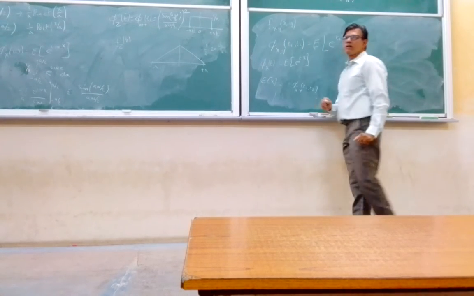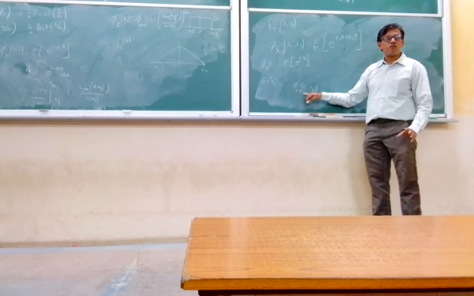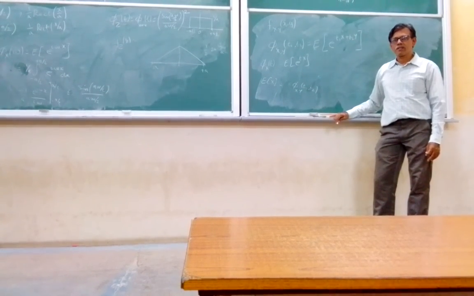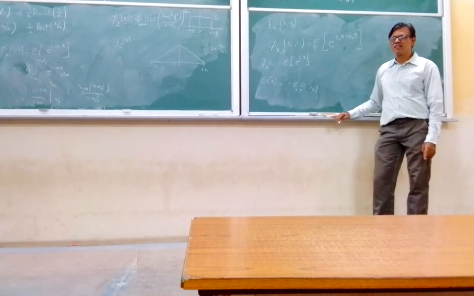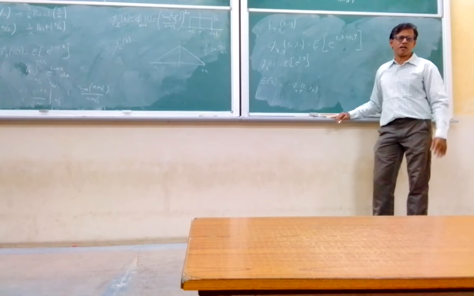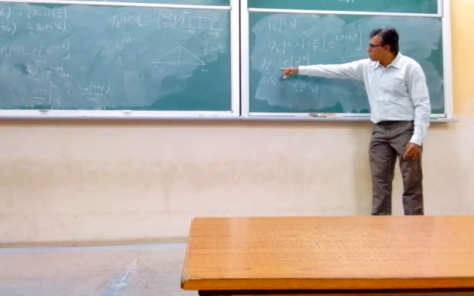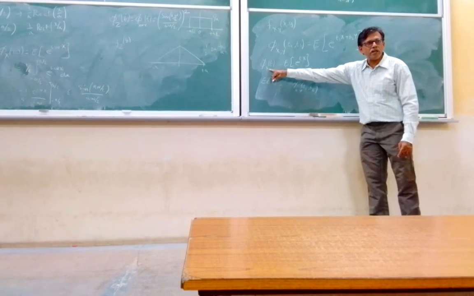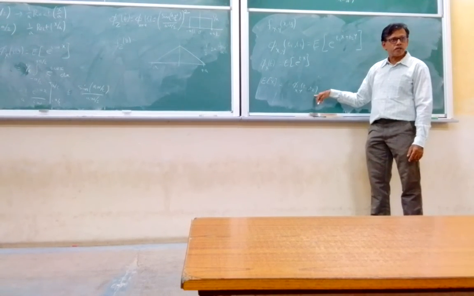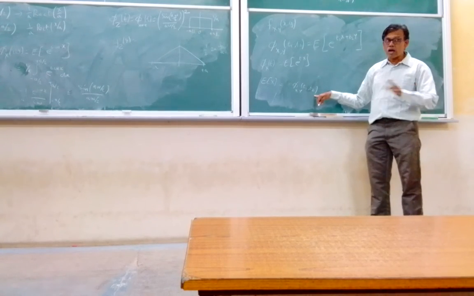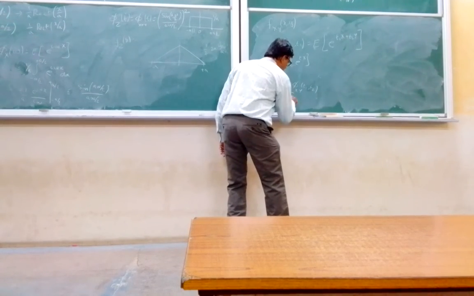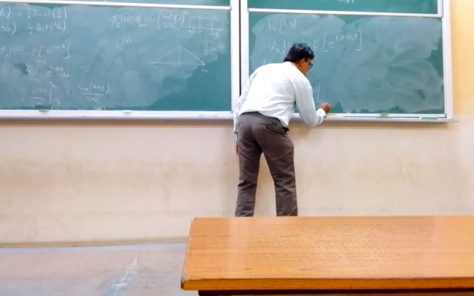How do we get the first moment of X? If I have to get the first moment of X here, what did we do? Differentiate and set t equal to 0. Similarly, here also you have to do it. But I want the moment of X only, not Y. So I have to differentiate this with respect to t1 and set t1 equal to 0.